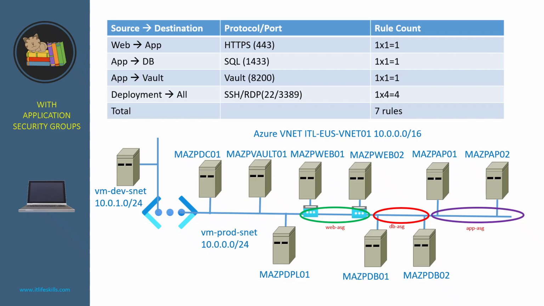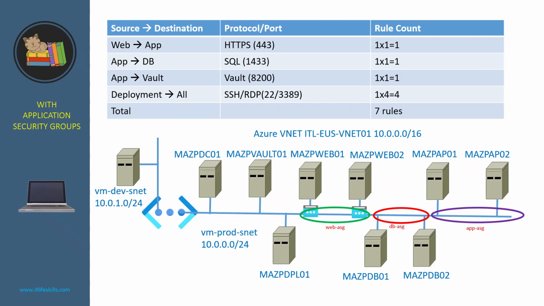And to allow the deployment servers to access all other servers, we just need to create 4 rules. In all 4 rules, the source is the deployment server, and the destination of the first rule is the web ASGs, the second rule has the destination as the DB ASGs, the third rule has the destination as the app ASGs, and the fourth rule has the destination as the IP address of the Vault server.